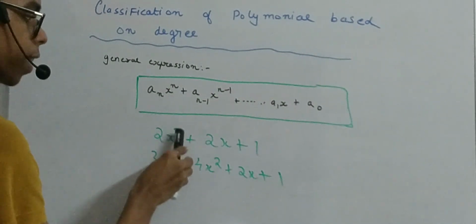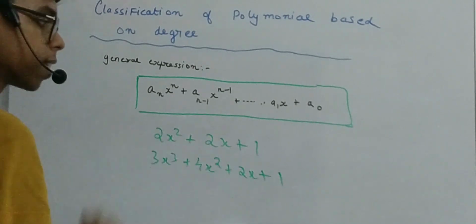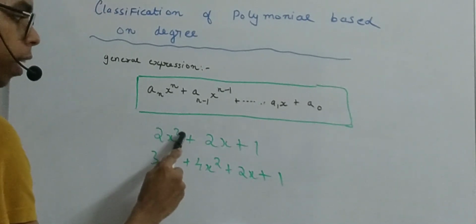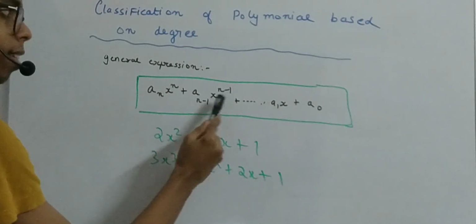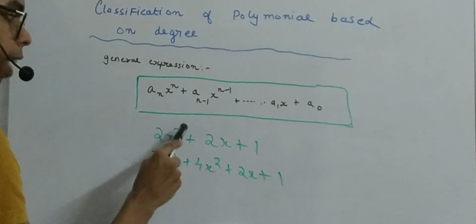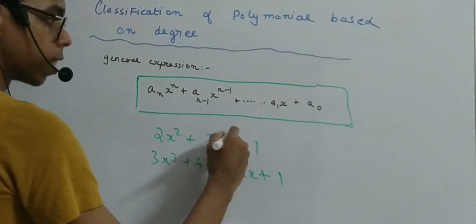So if I say 2x square, now when I go to the next term, the degree decreases by 1. So here if it is 2, x raised to n, which means x square, the next term will be x raised to n minus 1. That means it will be 2 minus 1. So here we have got it as 1.